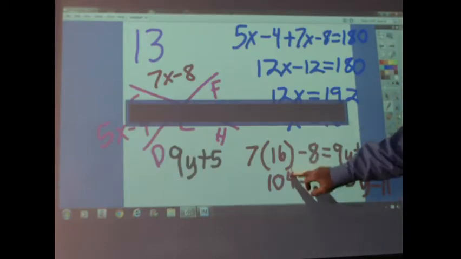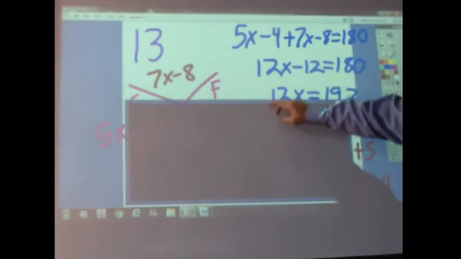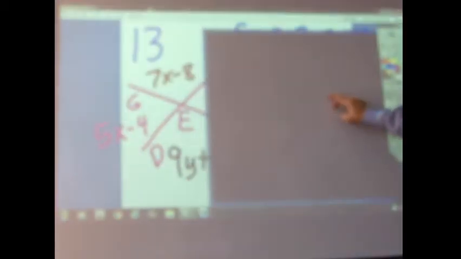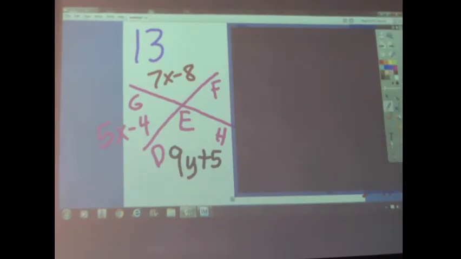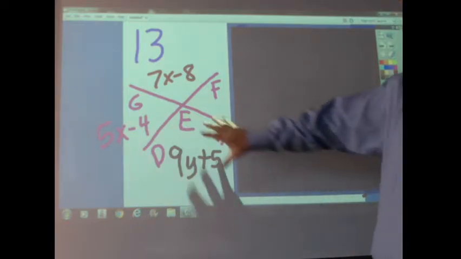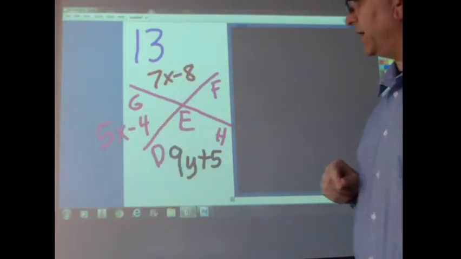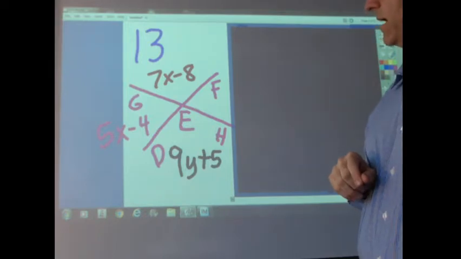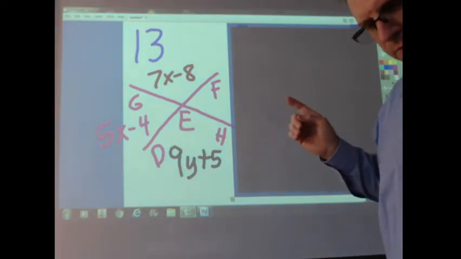All right, now here is 13. Now I have drawn it this way on number 13, again homework 5. I have this piece right here and I've labeled all the angles. Now I've got to figure out what x and what y are.